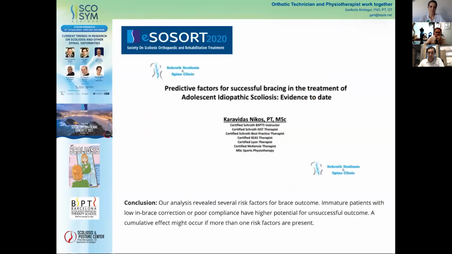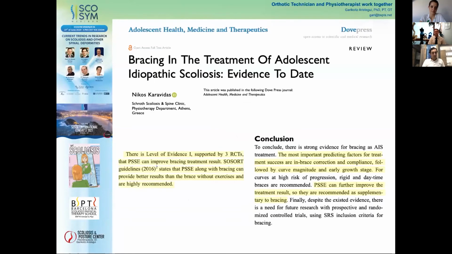And also in the SOSORT Congress that we have at this moment on the SOSORT website, this work that Nikos Karavidas did, predictive factors for successful bracing in the treatment of adolescent idiopathic scoliosis. His conclusion: our analysis revealed several risk factors for brace outcome. And this came also in his research that he published last year.